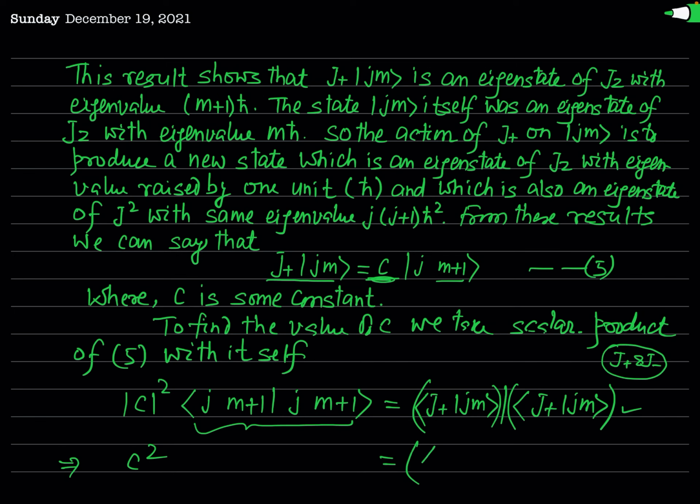You can see, we can write bra J m, J minus J plus, operated on ket J m. Why have I written it like this?